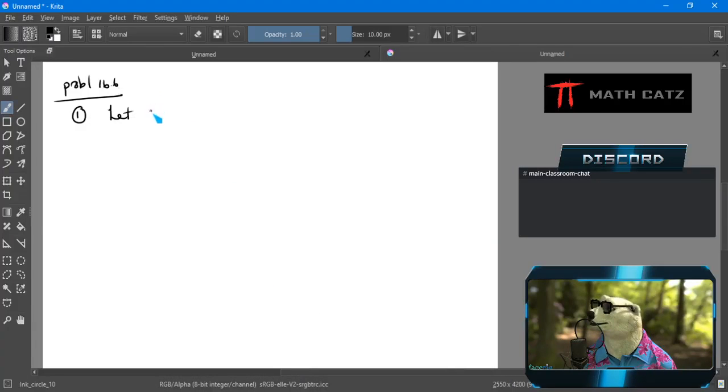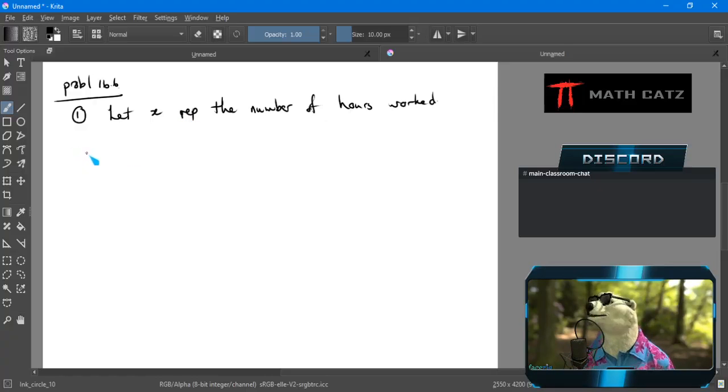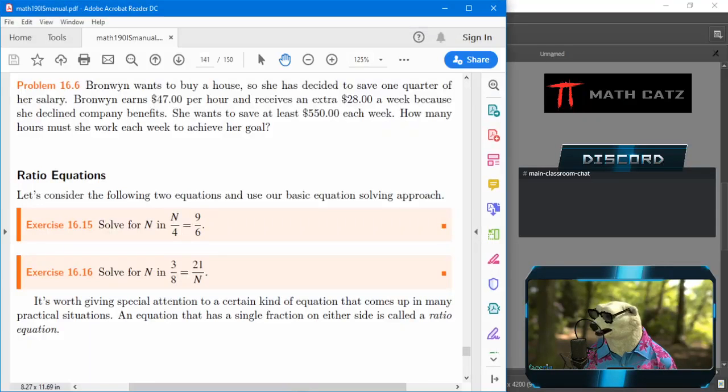Let's call it, what do you want to call it? Should we just stay with boring old X? Sure. Let X represent the number of hours worked, or that she needs to work, or whatever. You get the point. Now, maybe I want to represent some more things before going to my equation, depending on the complexity of the situation.